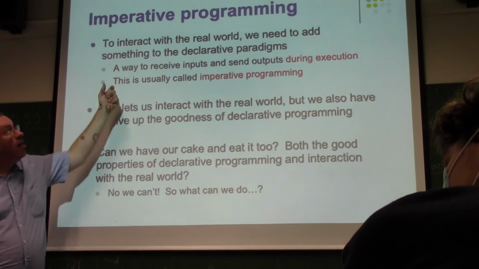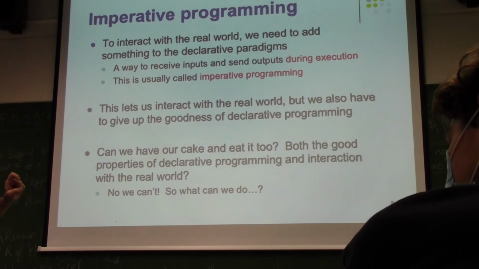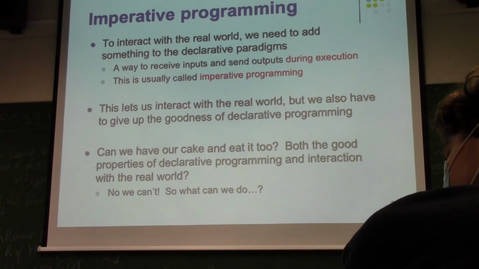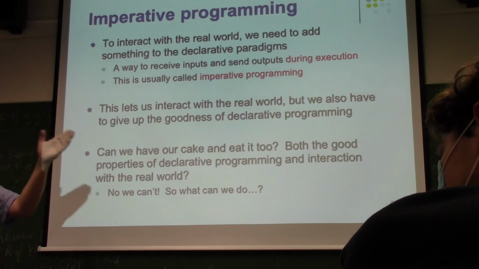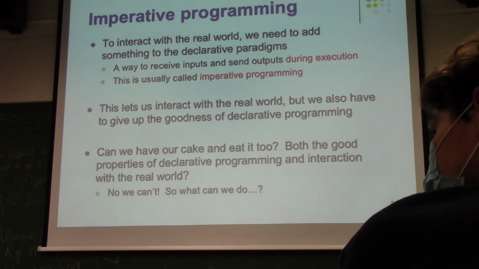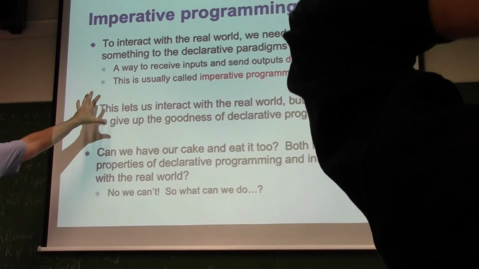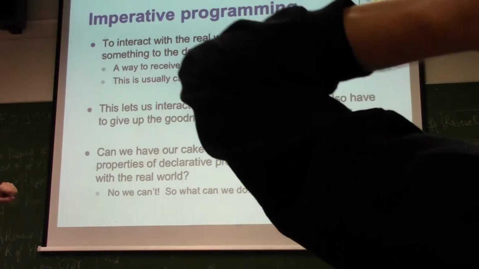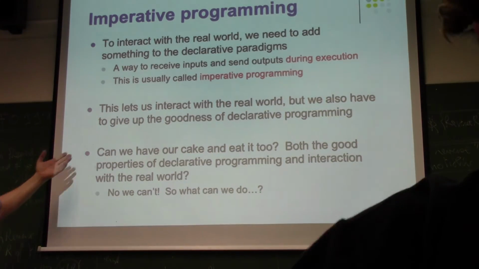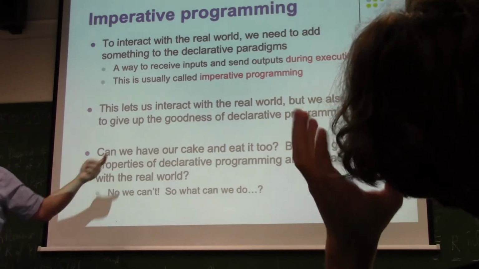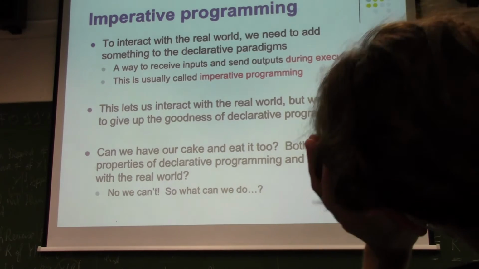Usually this is called imperative programming. So imperative as opposed to declarative. So when people talk about imperative programming on one side and declarative on the other side, this is what they mean by imperative. So this lets us interact with the real world, good, but we have to give up the goodness, the power of declarative programming.